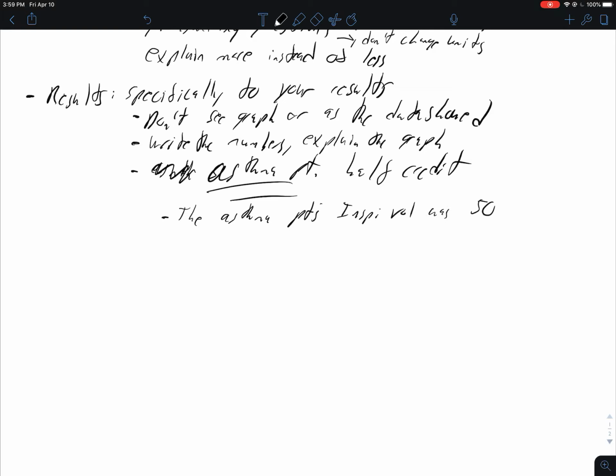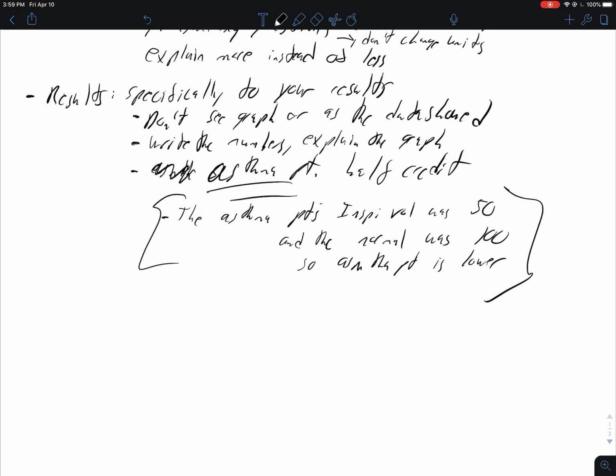I'm just making up numbers. And the normal was 100. So asthma patient is lower, right? So that would be the more complete answer instead of just asthma patient. This should get you full credit.